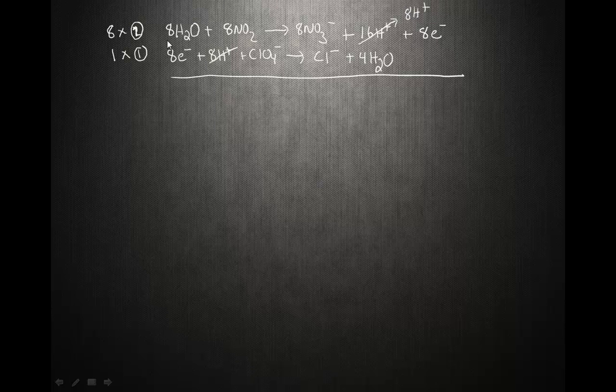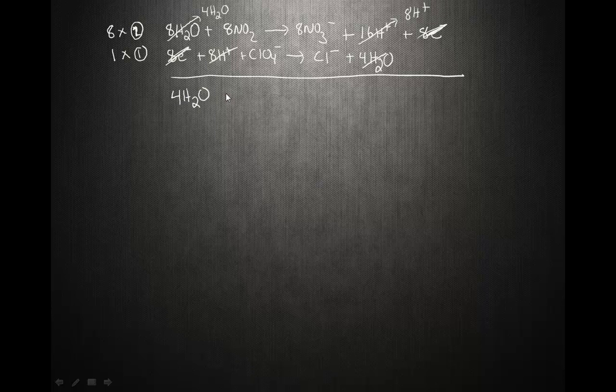And I've got 8 waters here and 4 waters here, so I'll have 4 waters left over. And the most important part of this whole process is that we cancel the electrons. So whatever you do, number one is that we should be canceling these electrons. And what we've got left should be our final balanced equation.